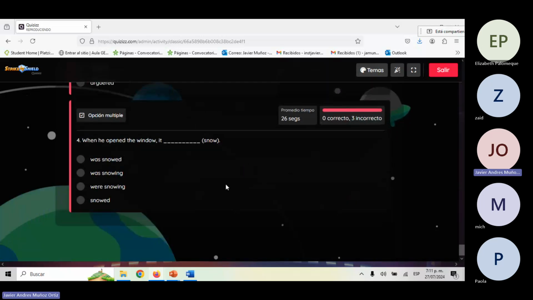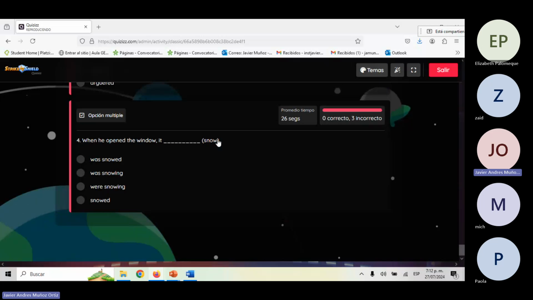Y la pregunta más difícil. When he opened the window, hay dos actividades. Una actividad grandota que está siendo interrumpida por una más chiquita. La que está interrumpiendo es cuando él abrió la ventana. ¿Qué está interrumpiendo? La actividad más grandota. Y la actividad más grandota es que estaba nevando. Hasta en español sale, ¿no?